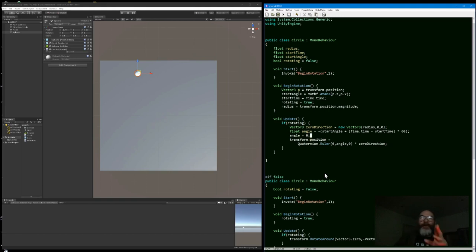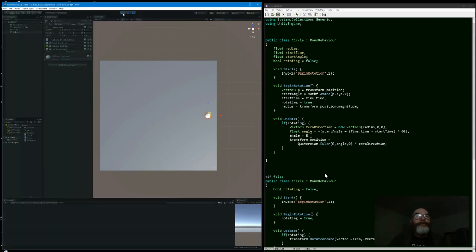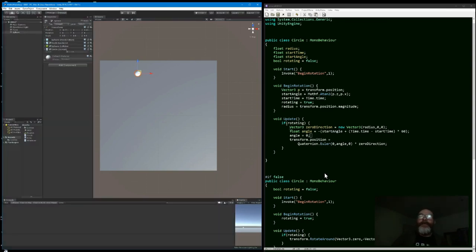I'm going to look at what happens if I force the angle to be 0. And that is correct. If I force the angle to be 90, because it is in degrees now, not radians anymore.